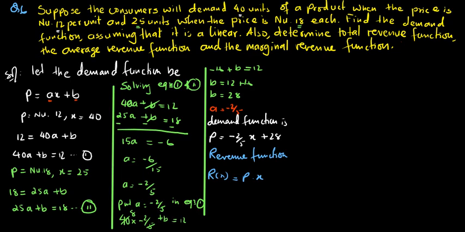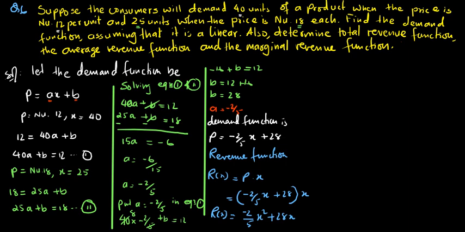So the revenue function is, in place of P, minus 2 by 5 x plus 28, times X. So the revenue function can be written as minus 2 by 5 x square plus 28x.